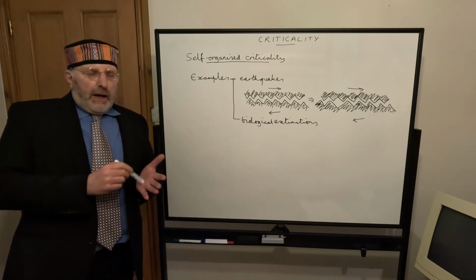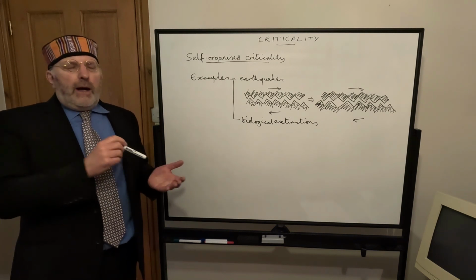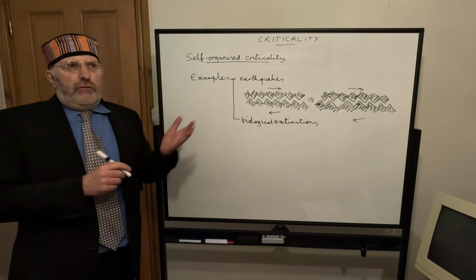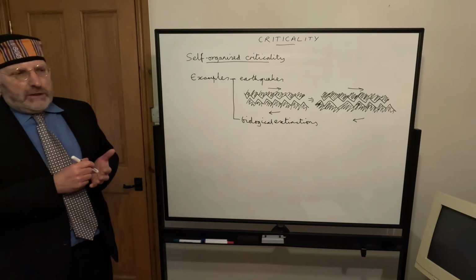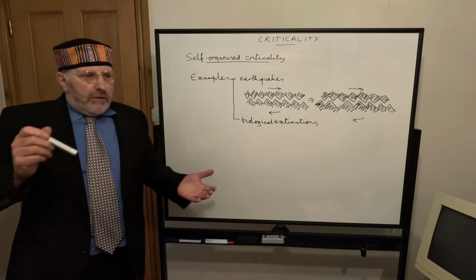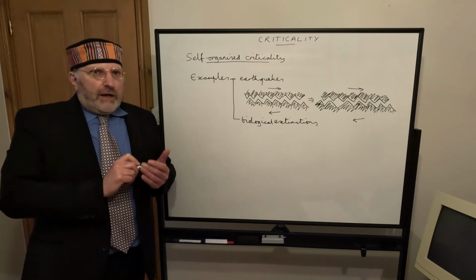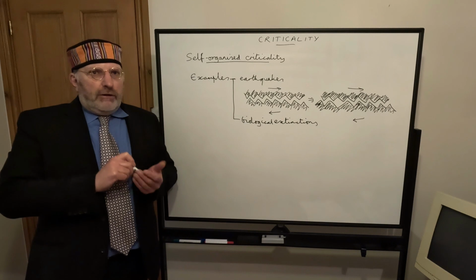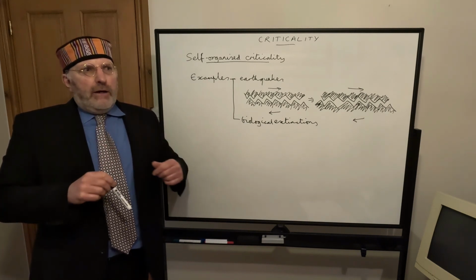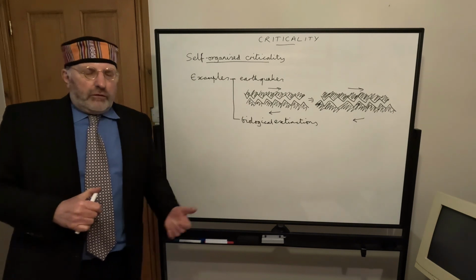But most of the time it will just be one species goes extinct, just as most of the time when the sand grain drops on it, it's either absorbed or causes a very, very small slippage. So most of the time the species going extinct is absorbed, but the biosphere, perhaps like the sand pile, evolves into that critical state where you can get these big avalanches of extinctions.